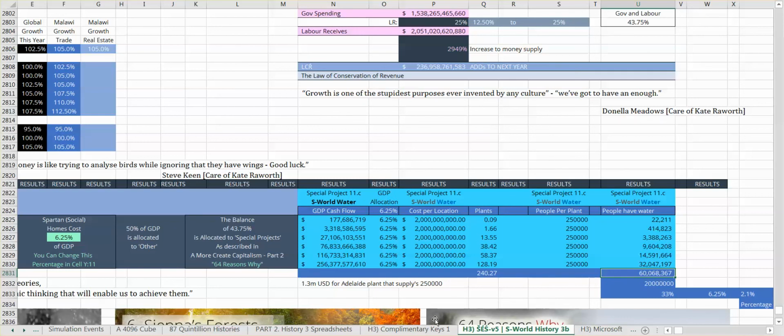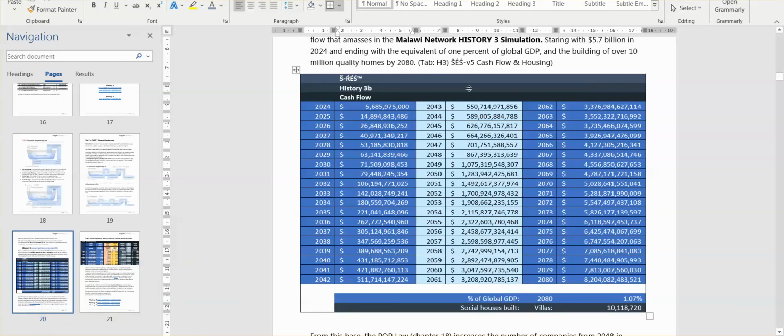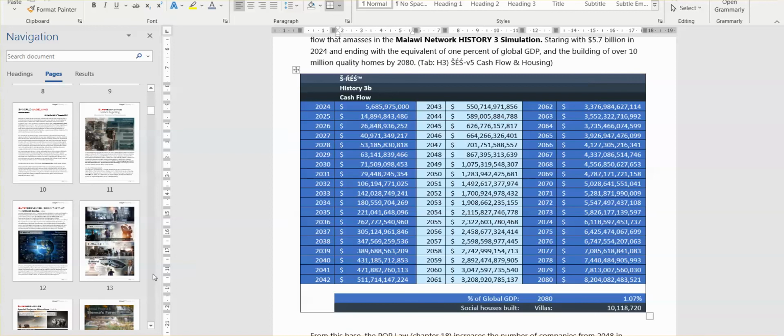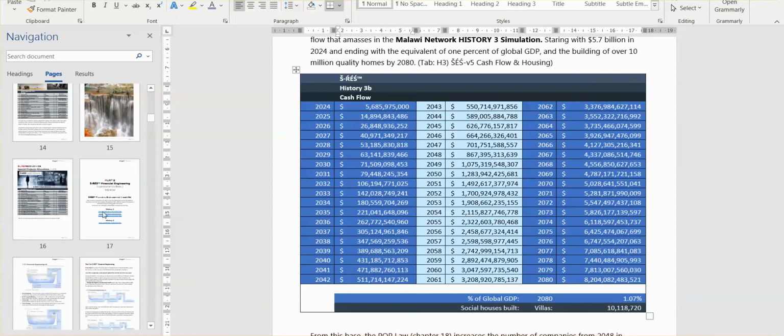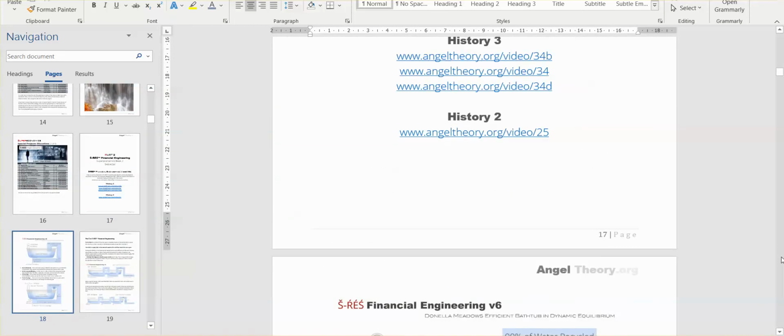Now, this all leads us to these pages in the 64 Reasons Why. As we can see on the left, here's the book, and we're zooming into this here. So there's the videos.